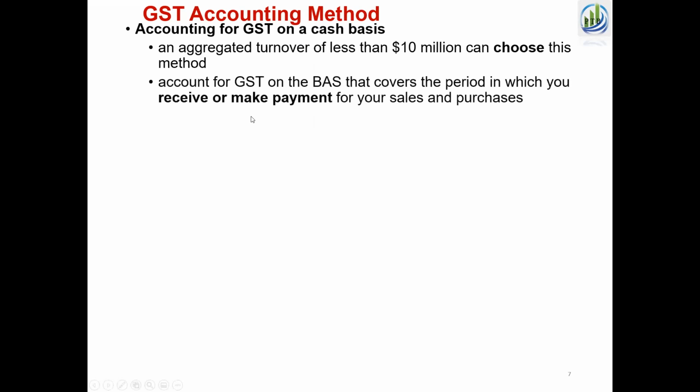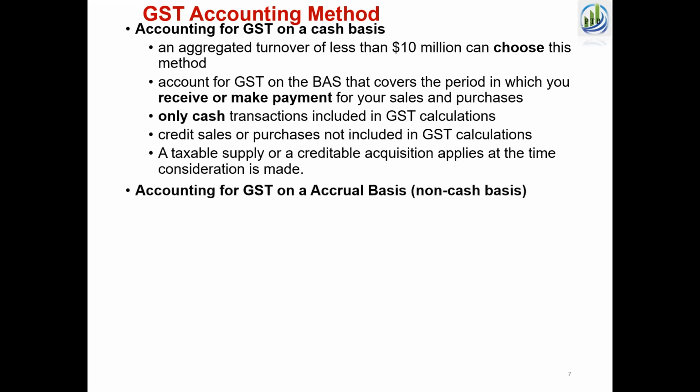So if your business turnover is less than $10 million, you can choose to do the cash basis method. However, if your turnover exceeds 10 million, you have no choice. You must use the accrual basis system.